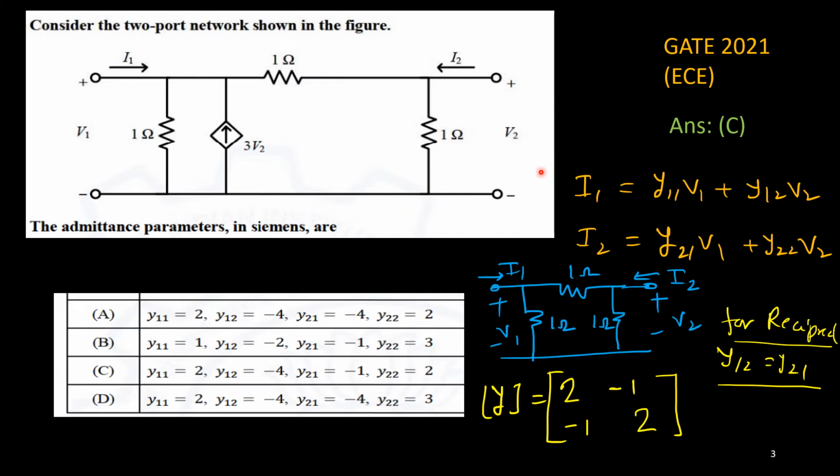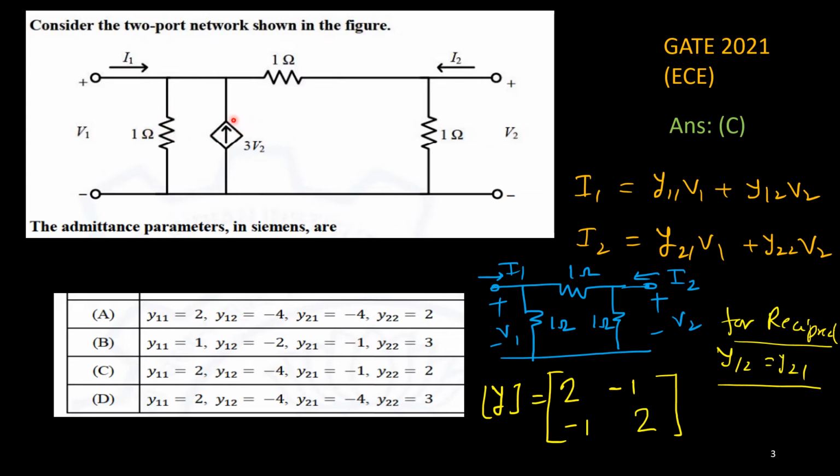Again, if you consider the output admittance, at that time V1 will be shorted. If V1 is shorted, then any element across the short circuit will not affect this circuit, so we can ignore all those things.